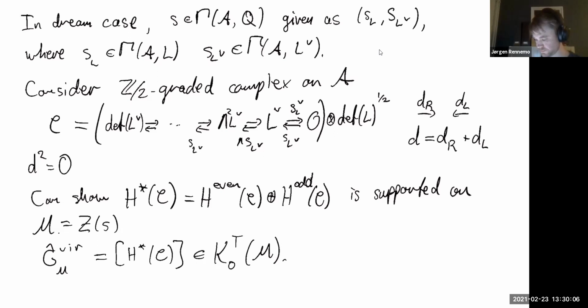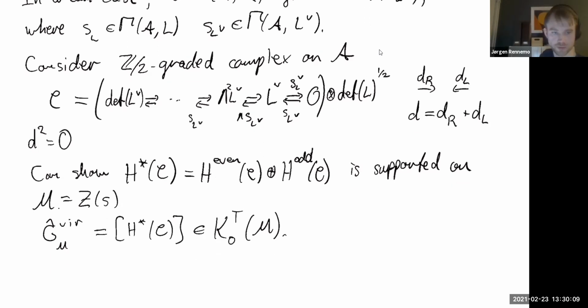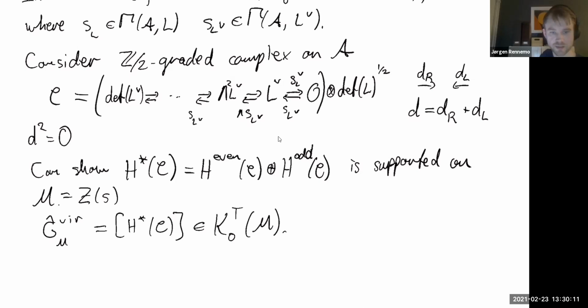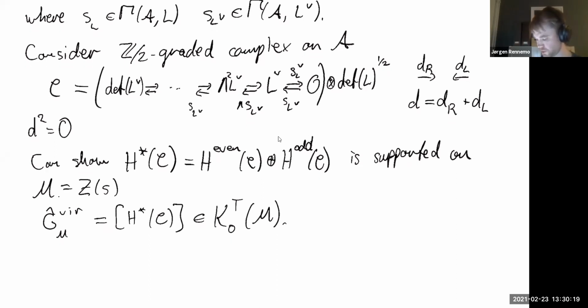So okay, there are many remarks to make about this, but if you're only after a rough understanding of this, it's useful to look at what happens when you push this back into A. Then you can compute it just by using the complex itself.